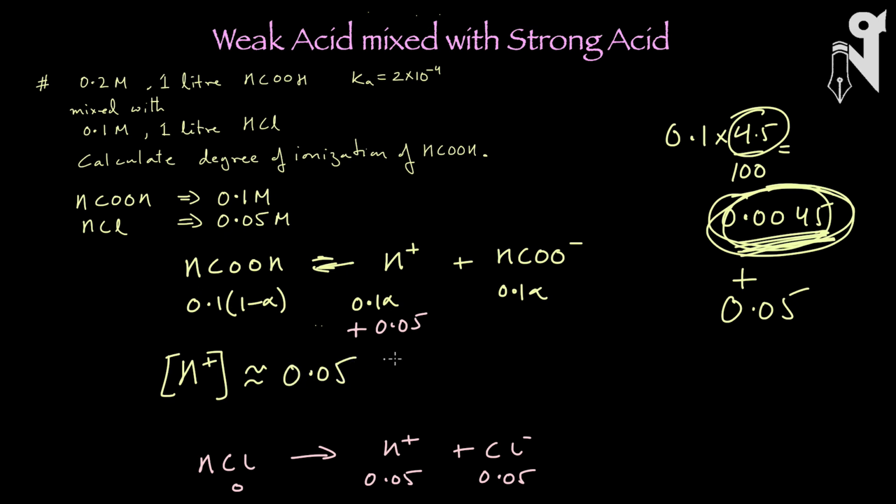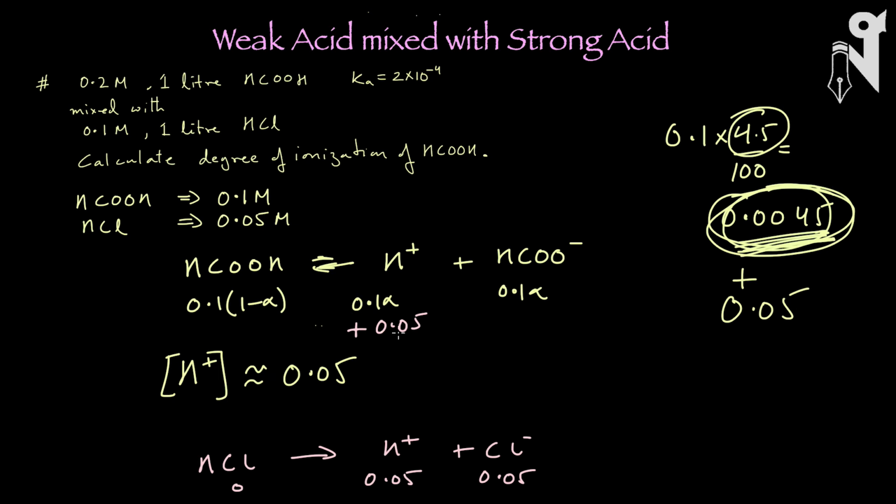If the numbers are as they are, this is what is going to happen. In 90% of the cases the numbers would be like this, where your H plus coming from the strong acid would be much larger compared to the H plus coming from the weak acid, and hence you don't have to consider the H plus coming from the weak acid.